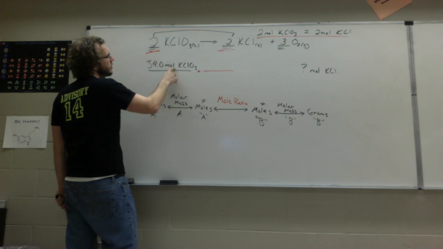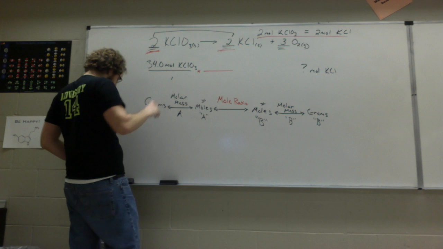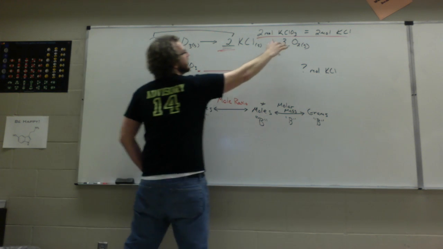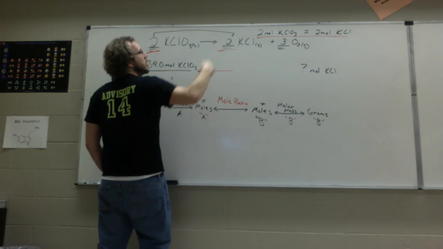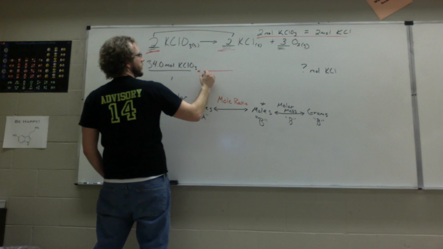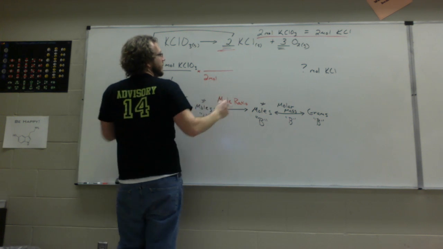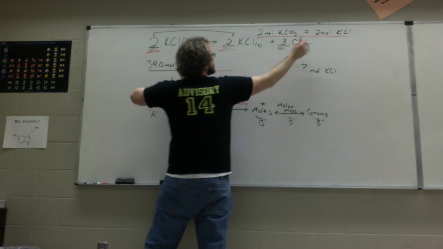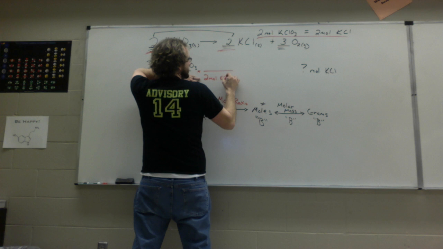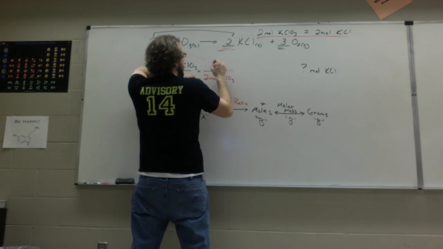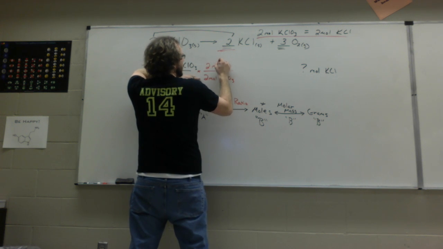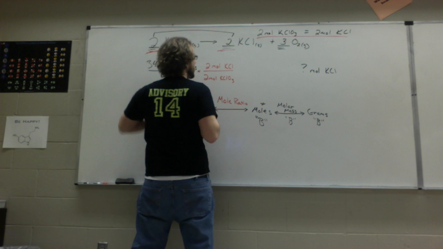Now, we're starting with moles of potassium chlorate on top. And our equality statement says that for every 2 moles of that, we get 2 moles of potassium chloride. Well, if we use this equality statement as a conversion factor, for every 2 moles of potassium chlorate, we will create 2 moles of potassium chloride.